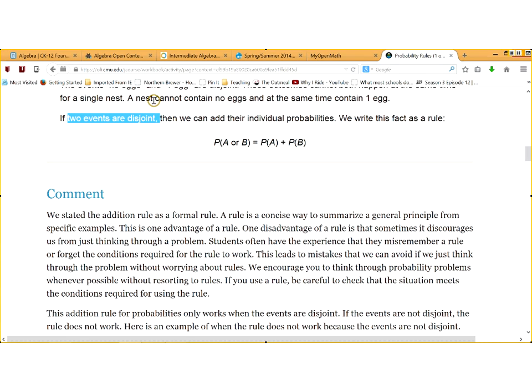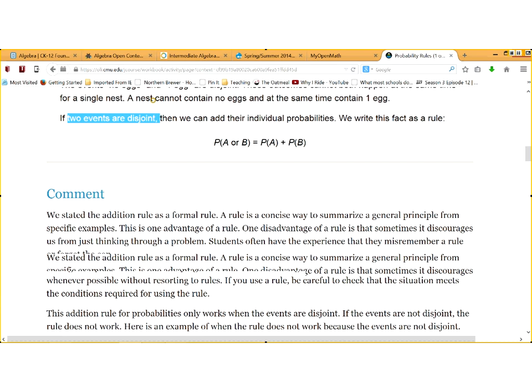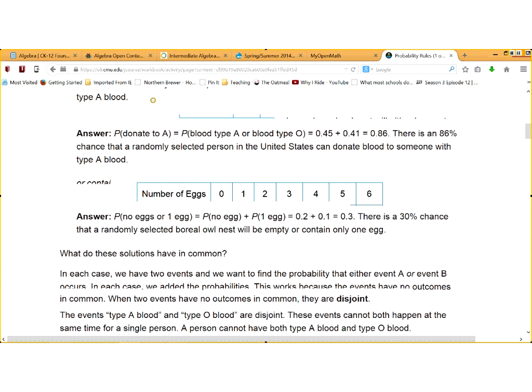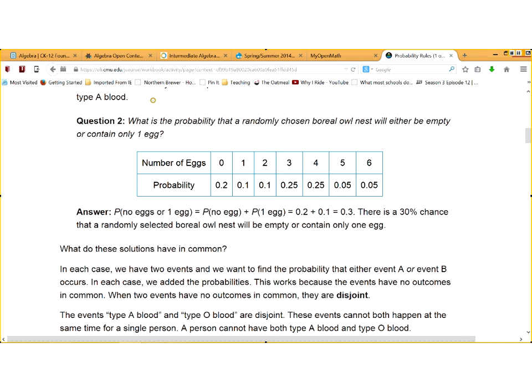There's no overlap between the two events. In this case, a person can't have both A and O blood types. They're one or the other. And for this question too, the nest can't have 0 eggs and 1 egg. It can only have one or the other, so those two are disjoint.